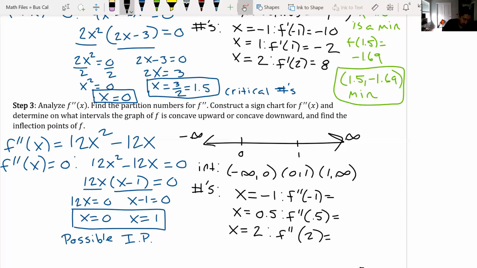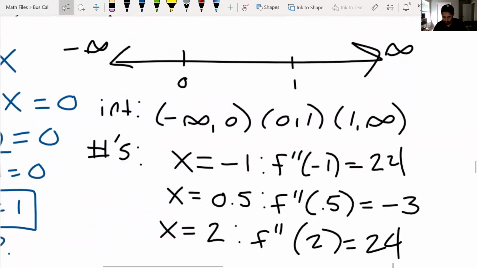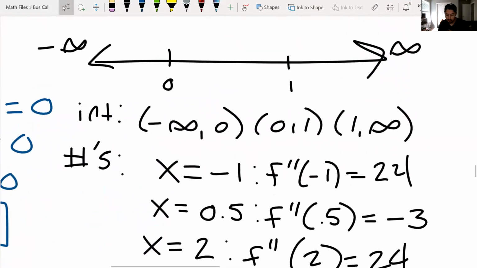12x squared minus 12x, okay, negative 1 gives me 24. 0.5 gives me negative 3. 2 gives me 24. Okay, let's relate those to the chart.